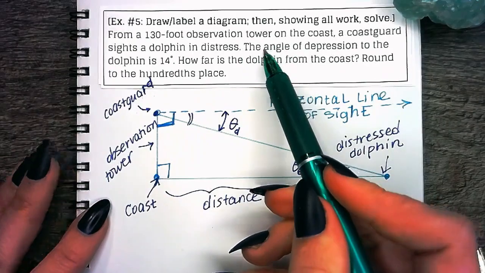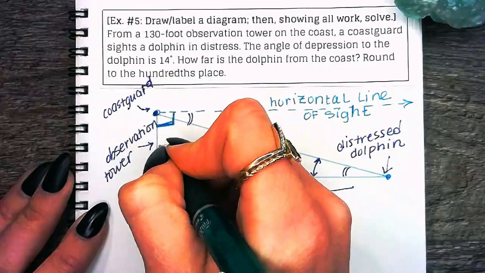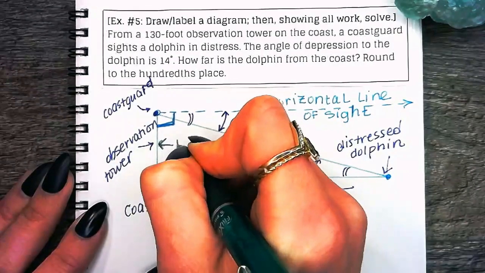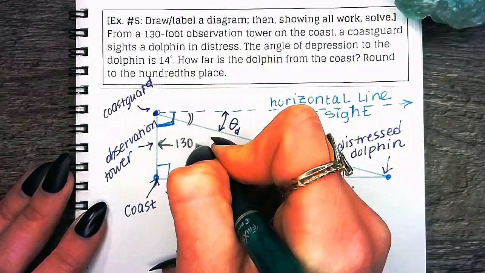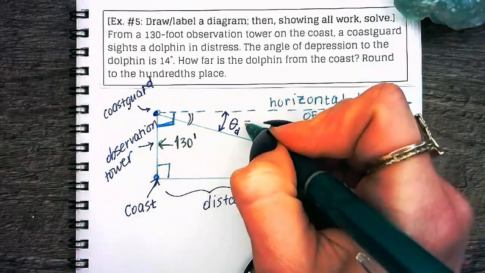The observation tower is apparently 130 feet in height, so that's this line right over here, 130 feet. The angle of depression is 14 degrees.